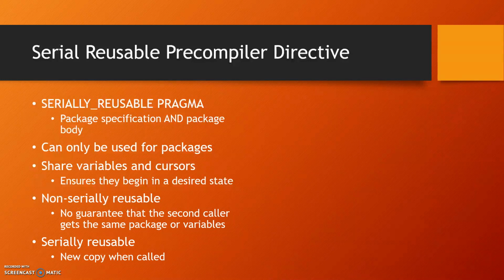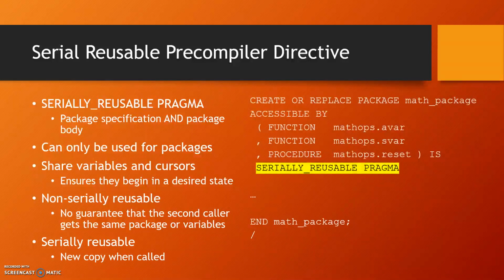You can mark a bodiless package as serially reusable. If a package has a spec and body, you must mark both. You cannot mark only the body. You can see here on the right that we have declared the serially reusable pragma in our math package.